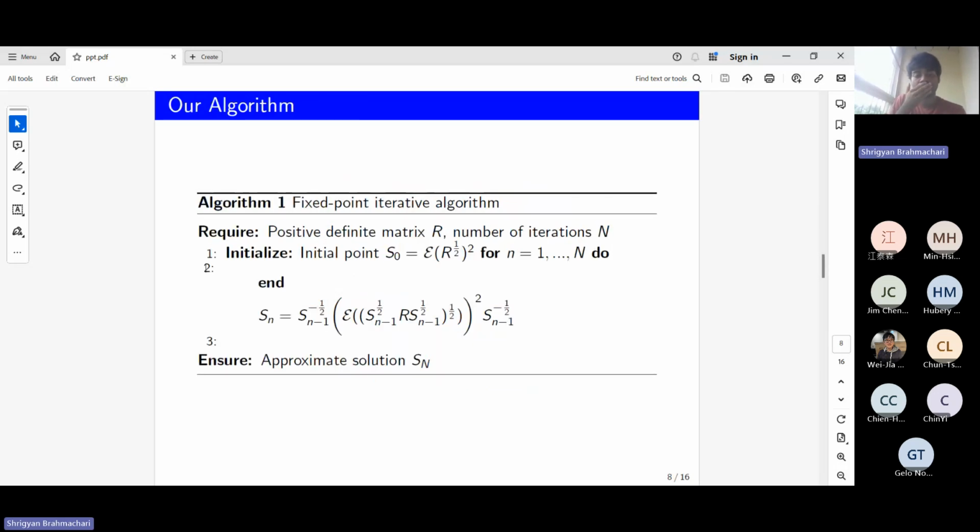Okay, so I'm just going to state what our algorithm is, and then I'll discuss more about how we come to it. Imagine, instead of rho, I've called it R. You give me a positive definite matrix R, and you start with some seed. In this case, we pick a very specific seed, and there are reasons for that, but it's a bit too involved for this discussion. As far as everybody's concerned, just pick an initial seed S0.